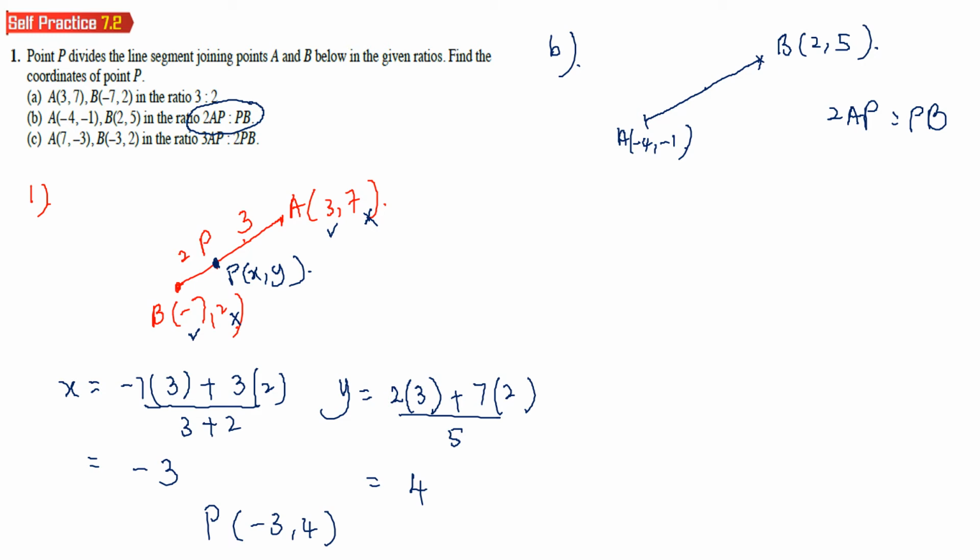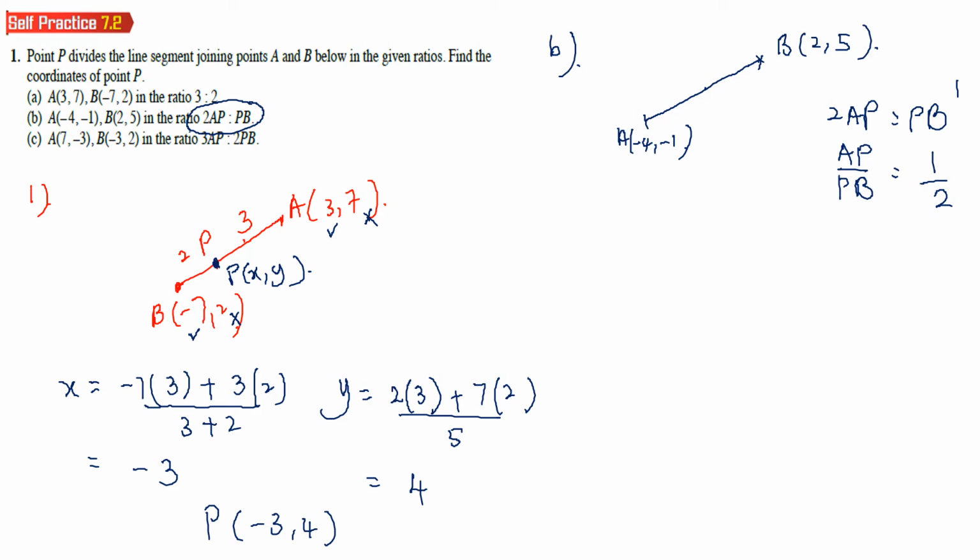What is P, where does it lie actually? So we can express it in fraction form. I bring PB over, so this one will be 1, correct? 1 times PB actually. Then 2 brought over will be 1 over 2.